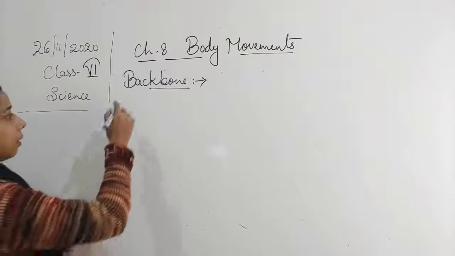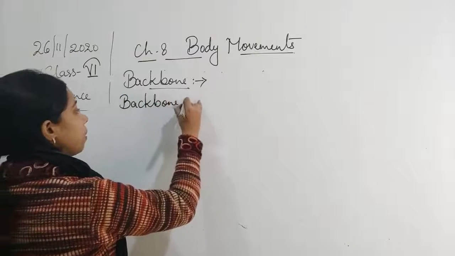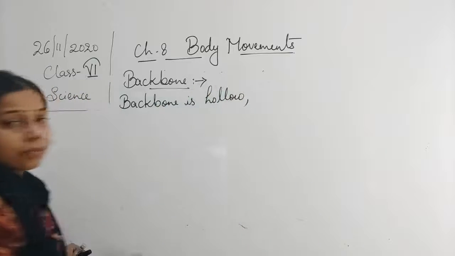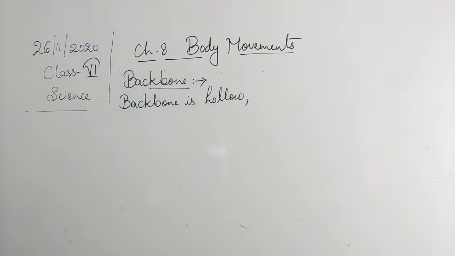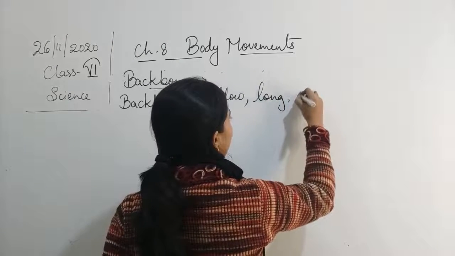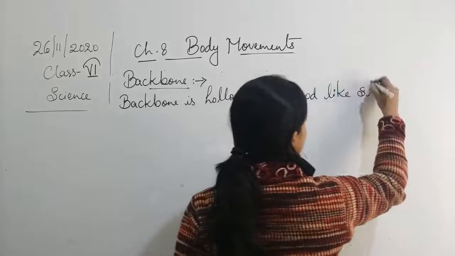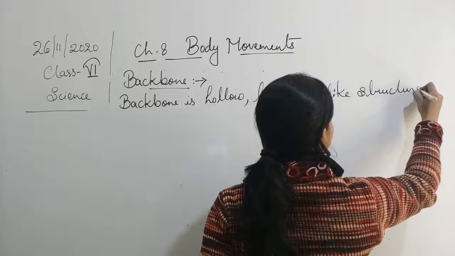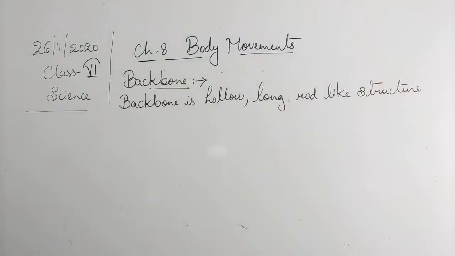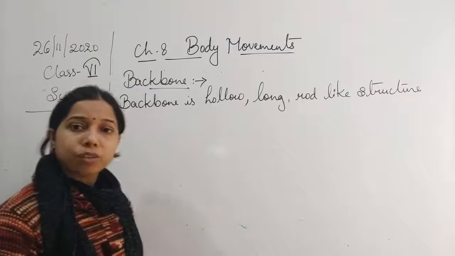So we can write it: the backbone is a hollow, long, rod-like structure which is running from the neck to the hip region.